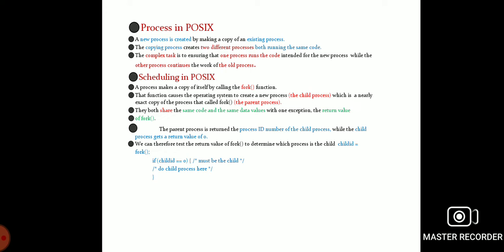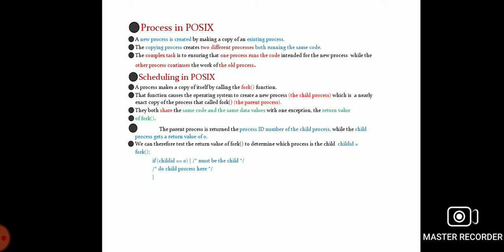They both share the same code and the same data values, with one exception: the returned value of fork. The parent process is returned the process ID number of the child process, while the child process gets a returned value of 0.